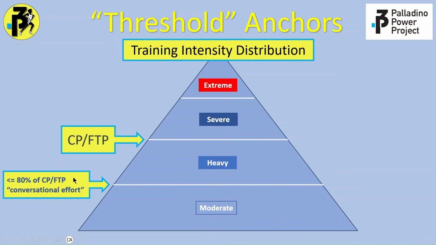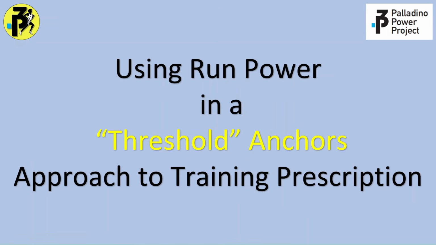These markers are being utilized to identify the domains that we are training in for 90 to 95% of our training intensity distribution. So these are very important markers. They are far better than max anchors like max heart rate, heart rate reserve, or percentage of VO2 max. They are the way to go.